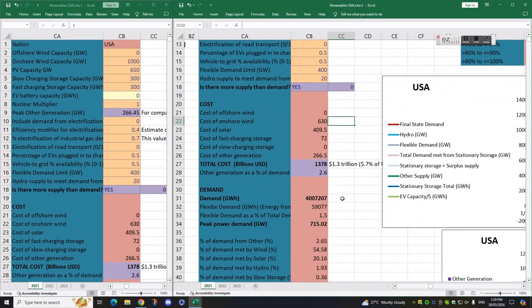So currently demand is approximately 4 million gigawatt hours for the year for 2021, that's electricity demand.